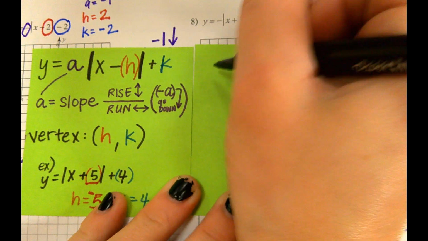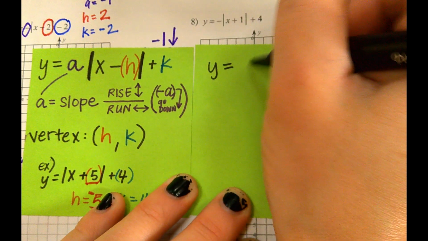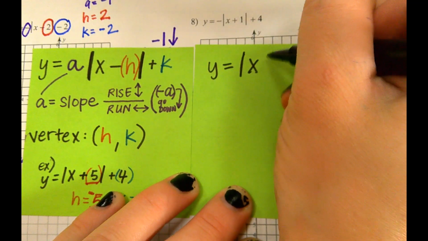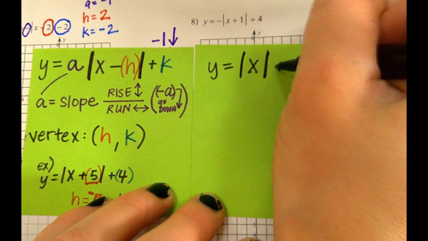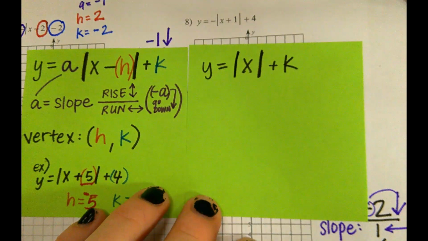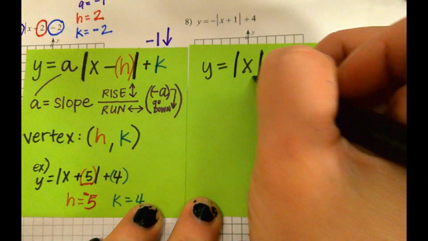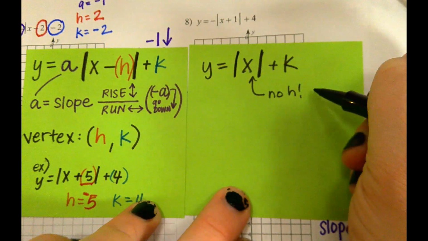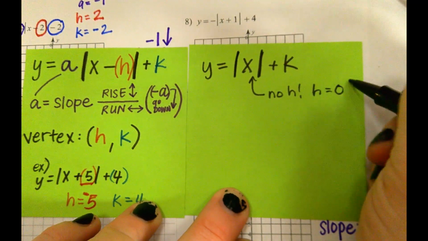So, for example, if I have y equals x plus k, this means no H, H equals 0.